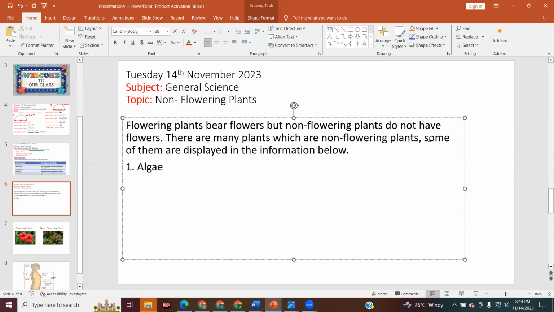All right, algae. Examples of algae are green, yellow, brown, and red seaweeds.